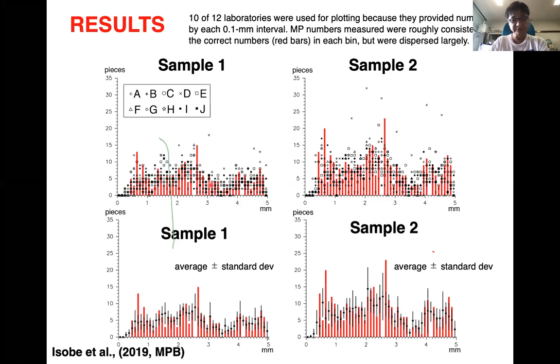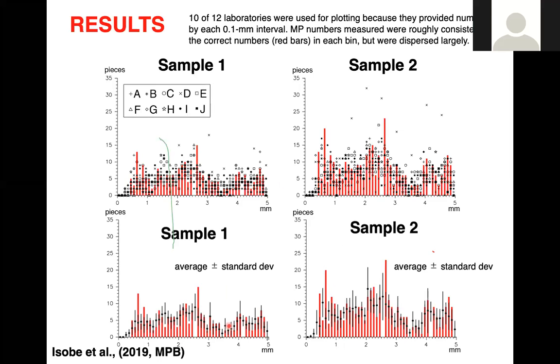So overall, the number counted by each laboratory is in line with the correct numbers, but fluctuated by each laboratory. So the average and standard deviation for the numbers of the microplastics collected in each laboratory.